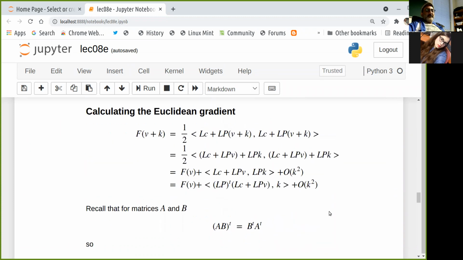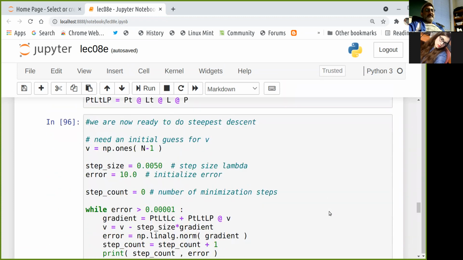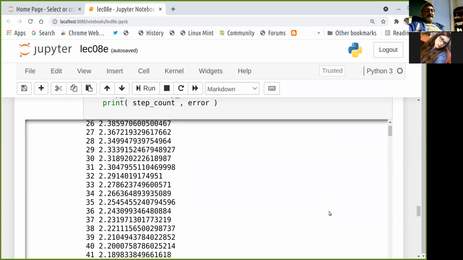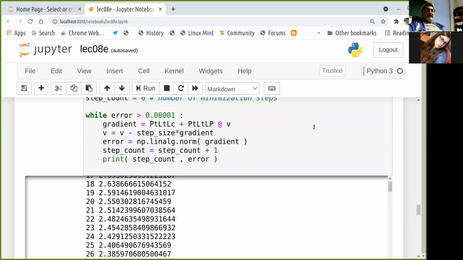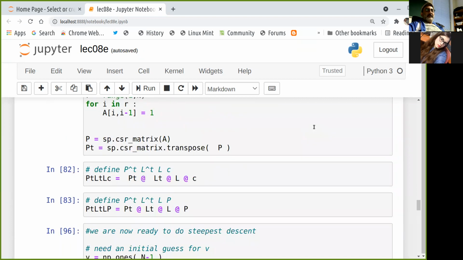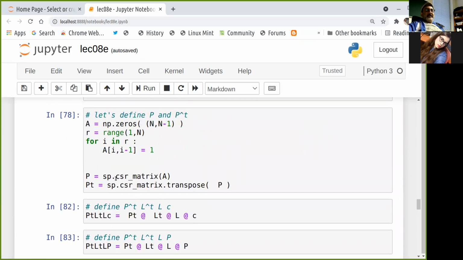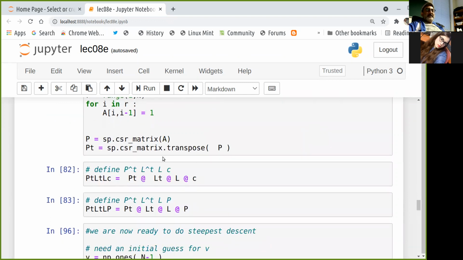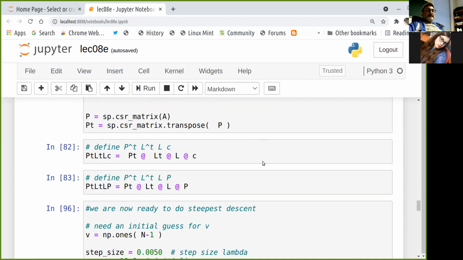So I'm going to use a for loop to set those all equal to 1. So you get P. So A is now P, but as a dense matrix. I want to store it as a sparse matrix. Do that. Now I also need P transpose, so transpose it, store it as PT.